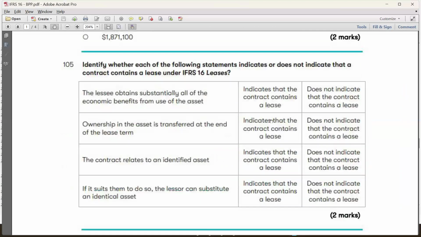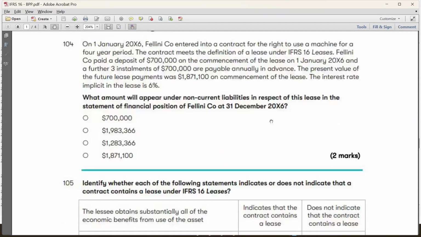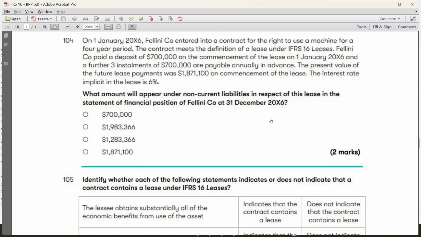The questions which I have picked for IFRS 16 are mainly from BPP. The questions in BPP are good, challenging questions, so that's why I have picked them. Let's see how we can figure out this important standard. IFRS 16 is another challenging one for students, and another one that is really loved by the examiner. However, once we're done with this, you will be feeling a lot more comfortable and confident.